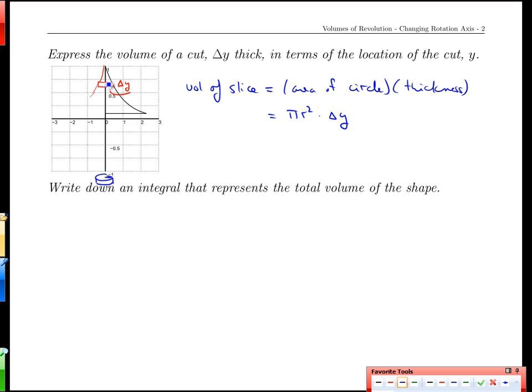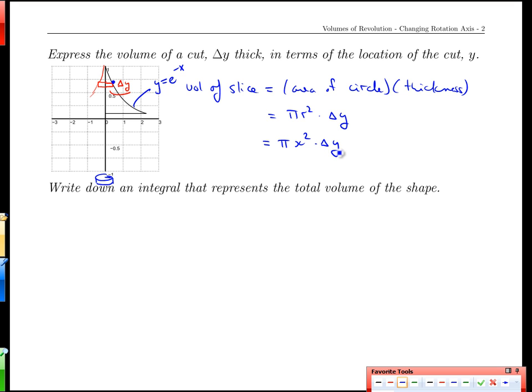Now, in this scenario, we think of the cylinder being bounded by the curve, y equals e to the negative x. The radius this time is an x distance. Here's the center. The x coordinate on this curve is exactly the radius we want. So pi x squared is the area of the circle. We're going to multiply by the thickness delta y.